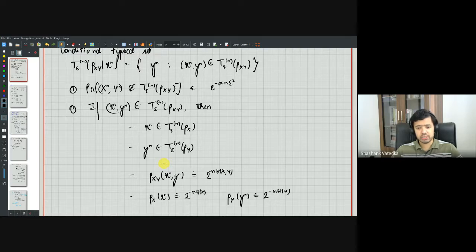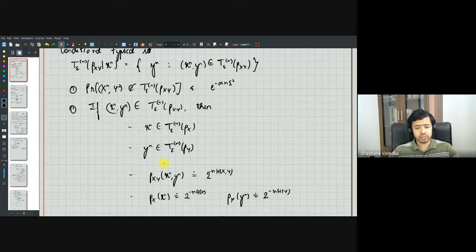In this class, we'll see some interpretation of what this means for a very specific joint distribution. Then we'll go on to prove some more properties of typical sets, jointly typical sets, and conditional typical sets, and maybe in the next class we will prove some more results using these.